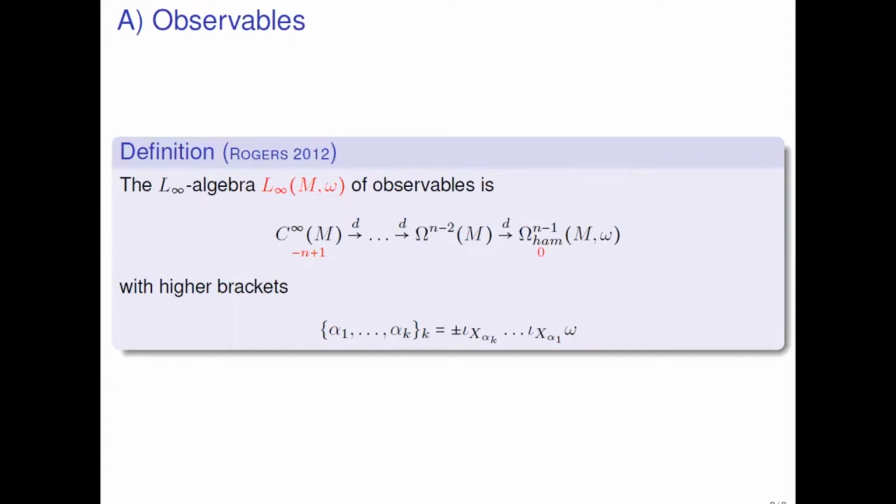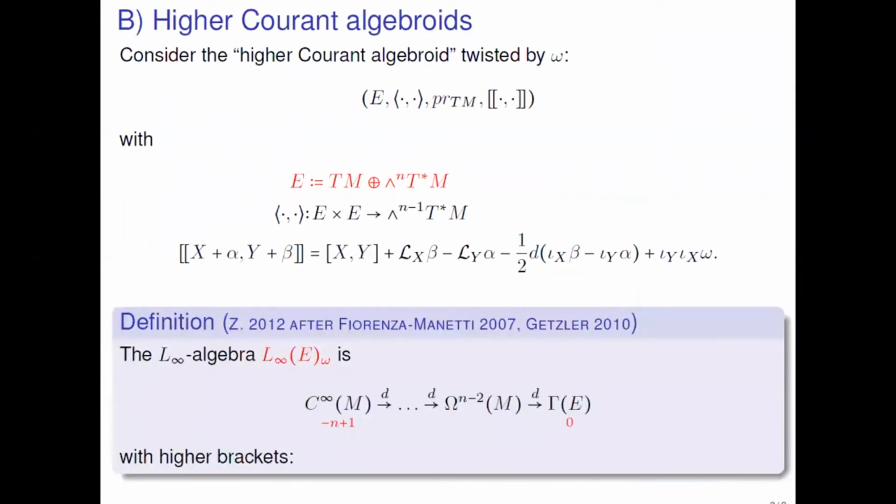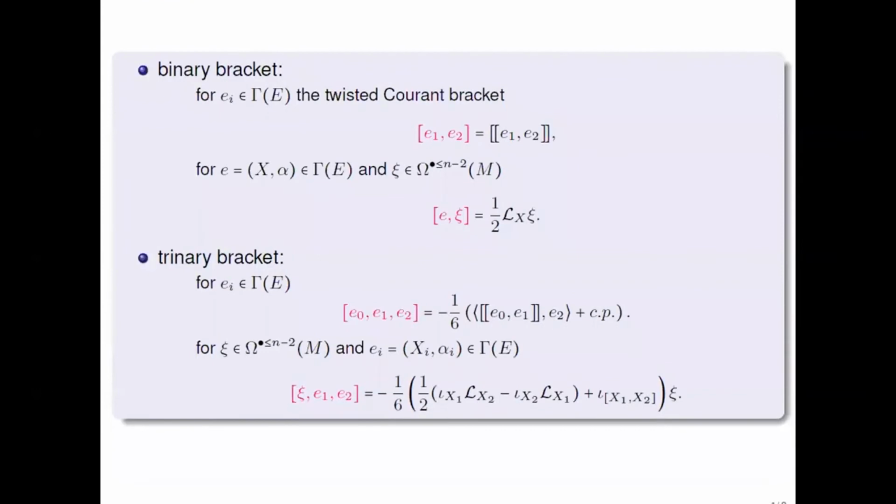Now we will very quickly skim through the brackets for the infinity algebra associated to the higher Courant algebroid. This is the underlying complex vector space. The unary map is very simple; it's just the de Rham differential. This is not for you to read, just to have a rough idea. The e's are concentrated in degree 0, so they are sections of the higher Courant algebroid, and the xi's have lower degree.